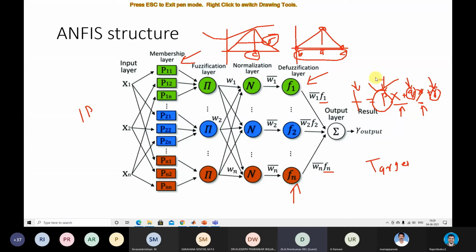Finally, we will get a fuzzy inference system. Okay, so this fuzzy inference system, FIS, is going to be used for implementing your corresponding application, right? The output of this is a fuzzy inference system, that means a fuzzy logic file, right? So that can be used for your application. Okay, so this is the function of the ANFIS structure.